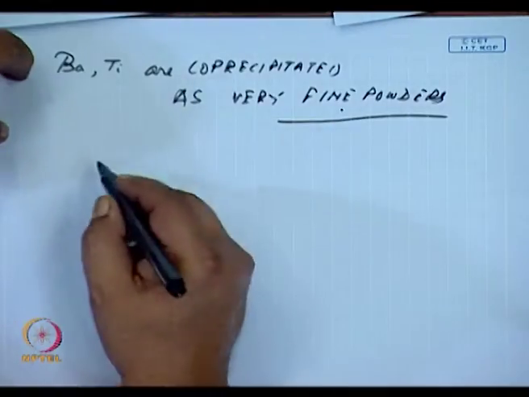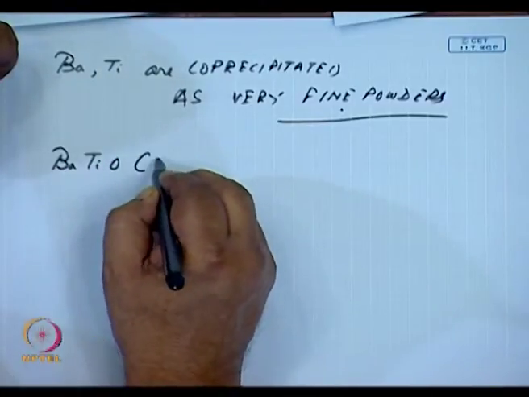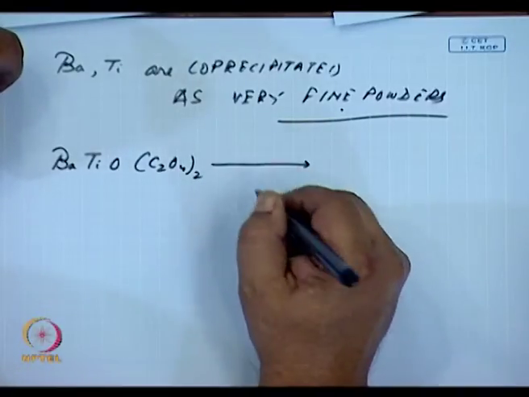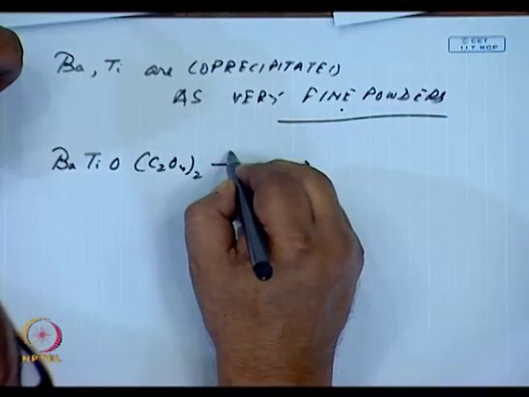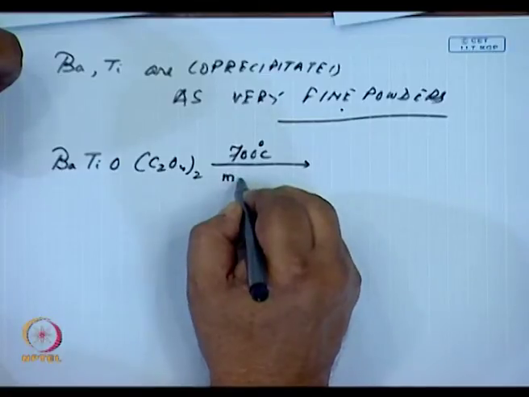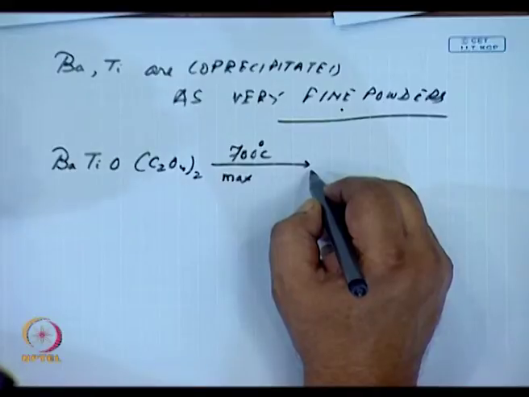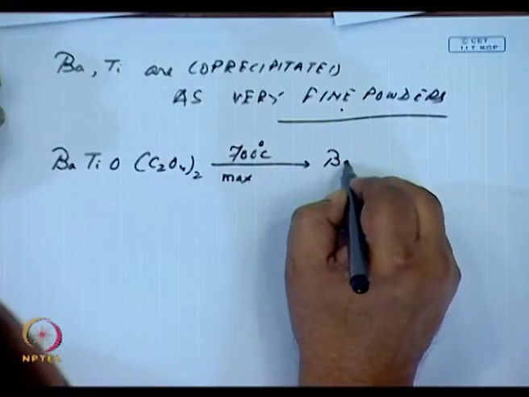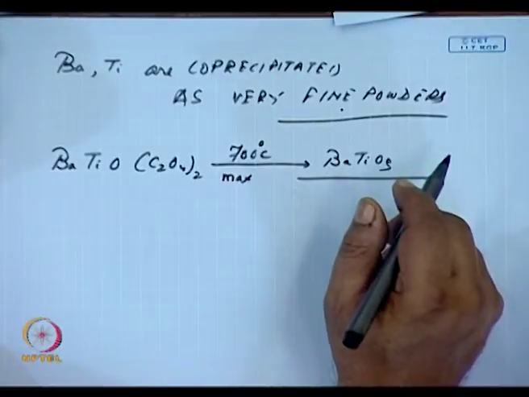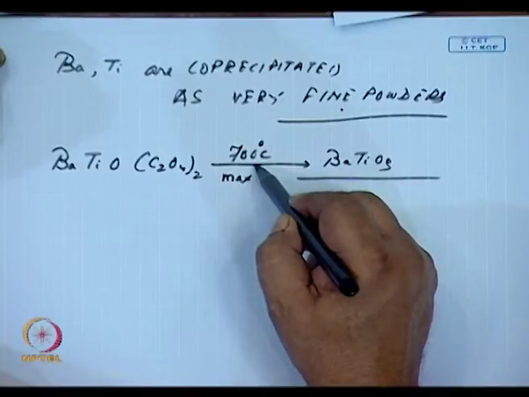The advantage of this barium titanyl oxalato complex is this, that when it is heated at temperatures maximum of, let me say, 700 degrees centigrade max, the oxalate molecules decompose and we get barium titanate straight away. We do that at much lower temperatures.